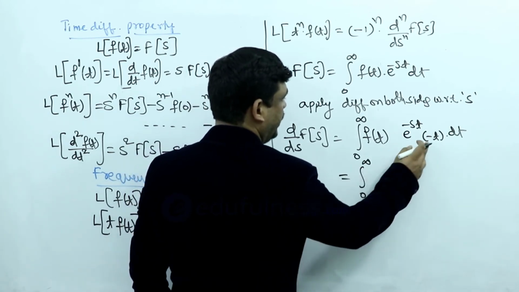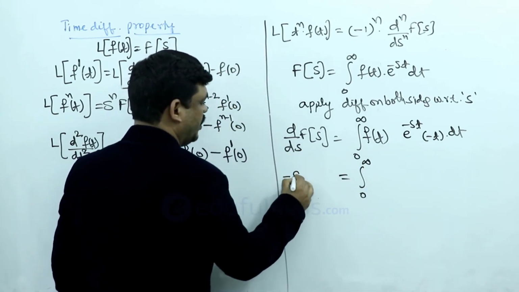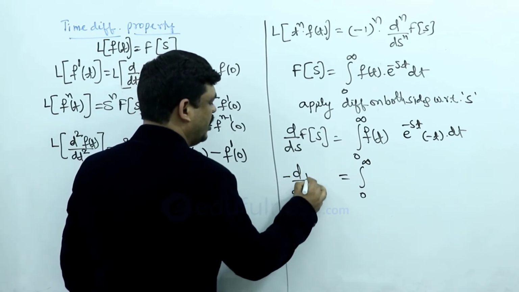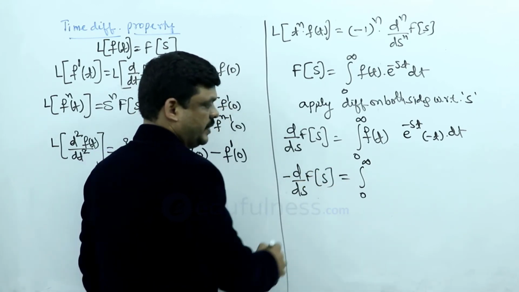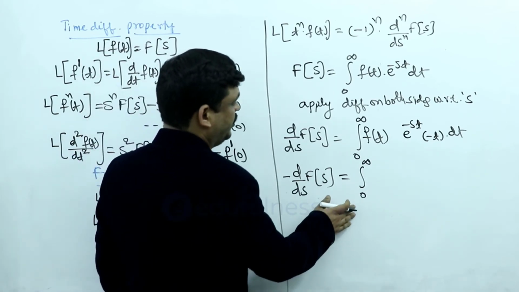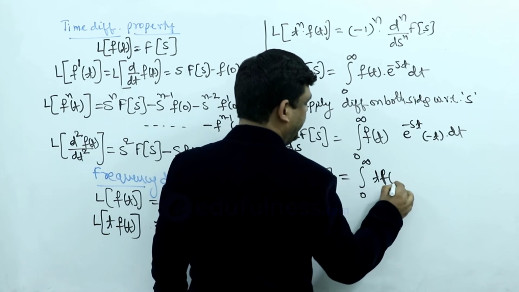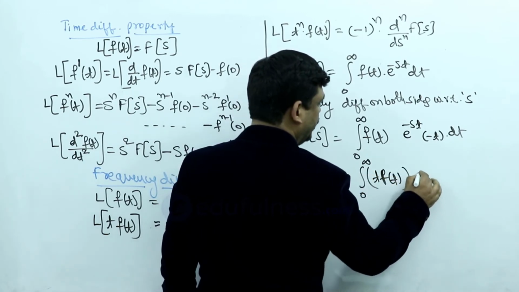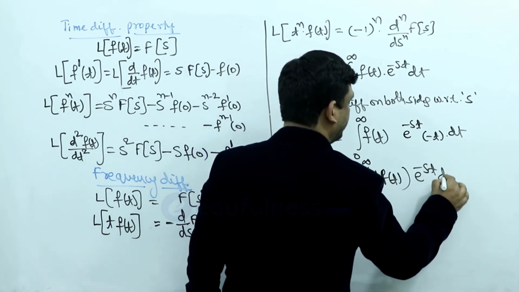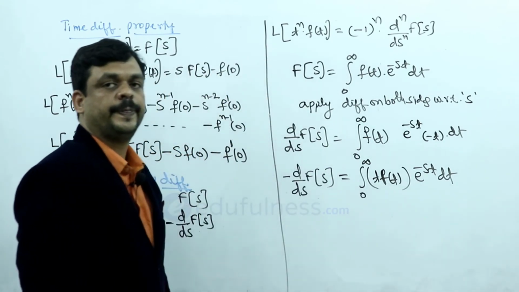Integration from 0 to infinity. This minus symbol I am writing this side now. Minus d by ds of F of s is equal to integration from 0 to infinity. This t multiplies here, t into f of t into e to the power of minus st dt. Right?